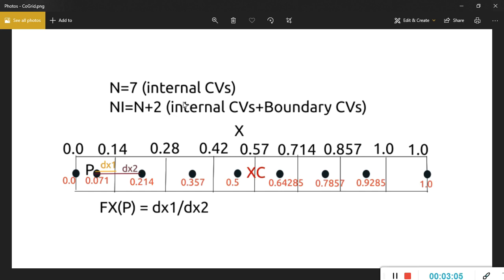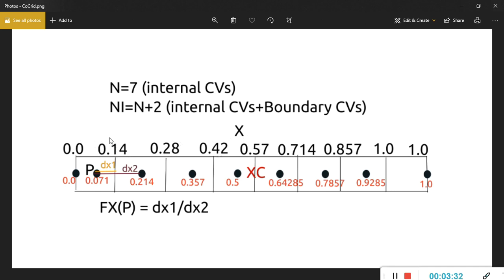Now let's look at the spacings. So let's first look at X in particular. Forget XC for now. Let's look at X. So X goes from face to face. So start from here, 0. When you divide it by 7, you get some delta X values. You add that: 0.14, 0.28, 0.42, 0.57, 0.714.